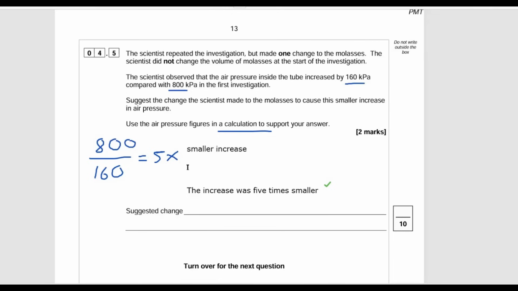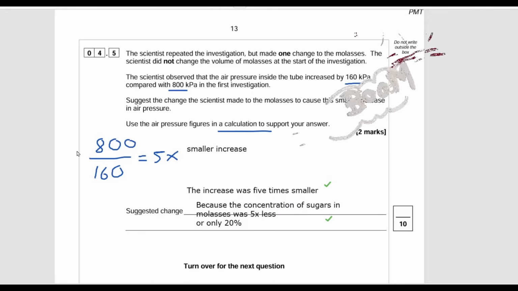So we're going to say because the concentration of sugars in molasses was 5 times less or only 20%. So they used the 20% of the original sugar solution. There we go. Boom. That one weren't a bad maths question.